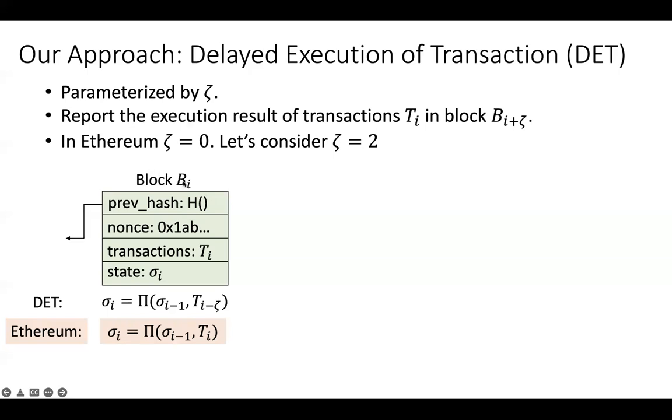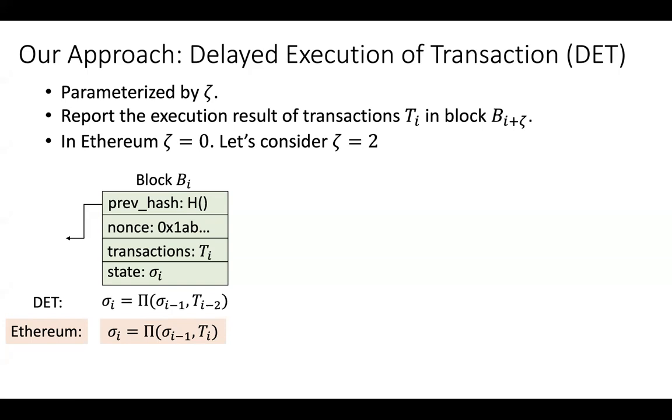So in Tuxedo with DET and zeta equals 2, the sigma I included in block Bi is the execution result of executing transactions in Ti minus zeta atop sigma I minus 1. Whereas in Ethereum, it was transaction Ti.